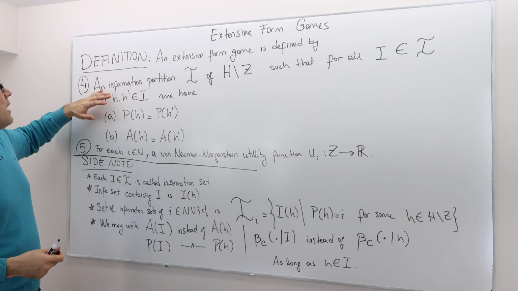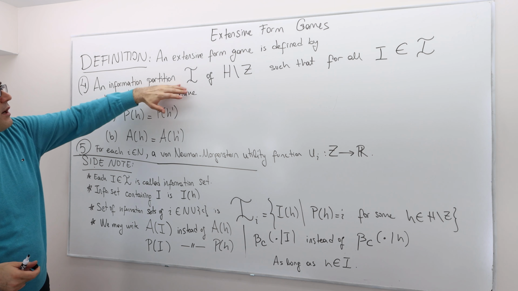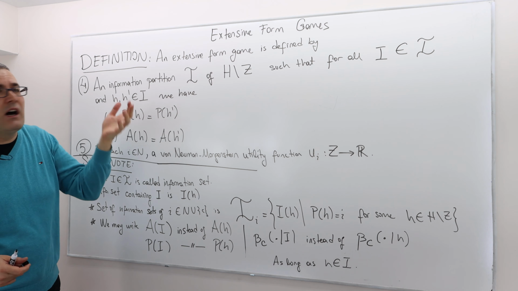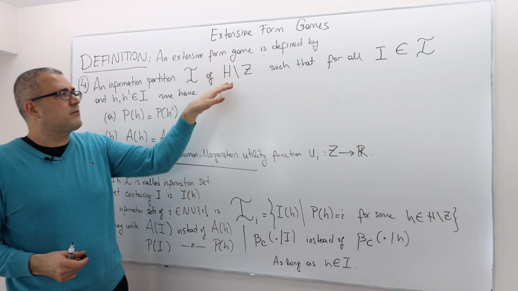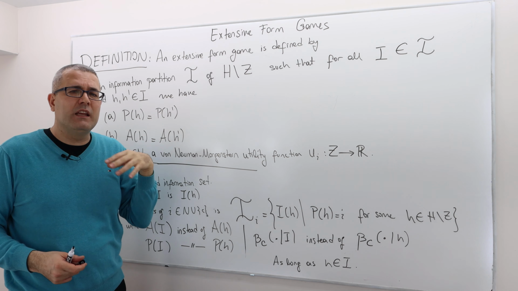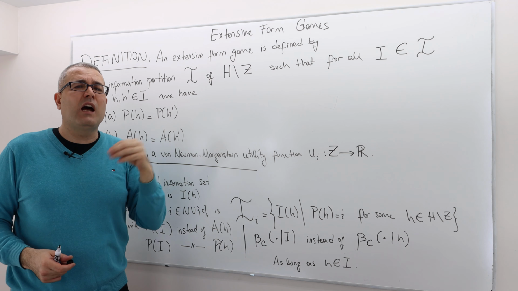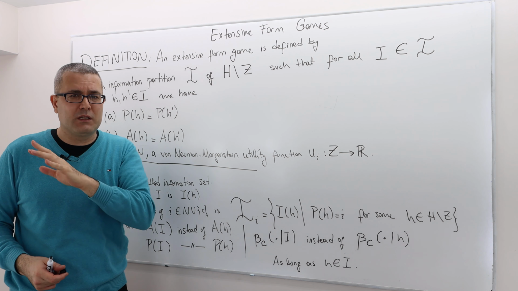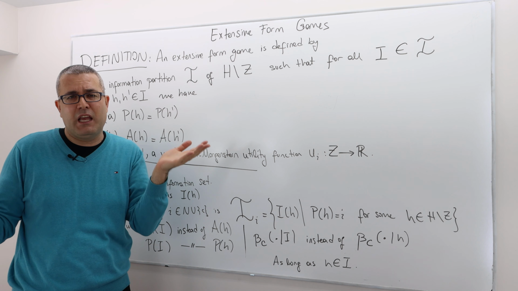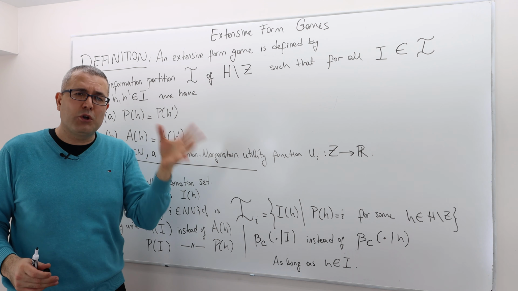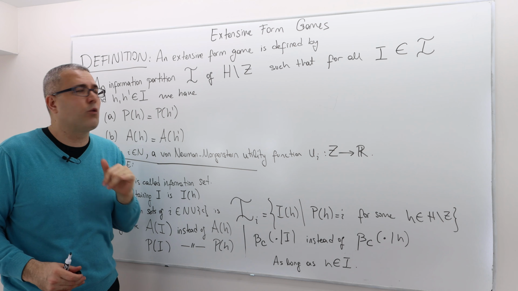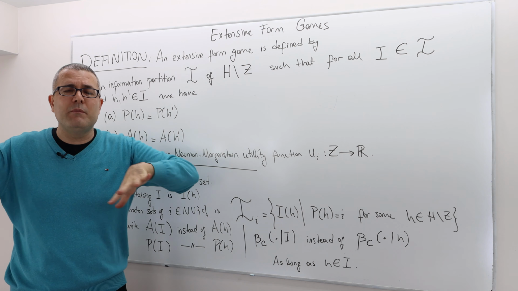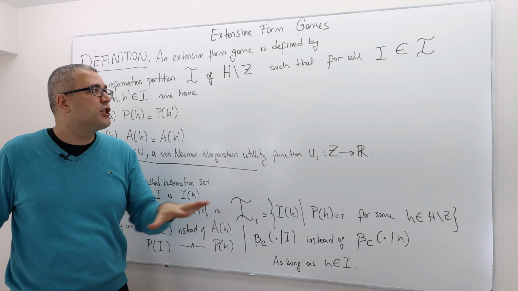So anyway, we talk about the information partition, script I, of H minus Z, meaning the set of all non-terminal histories. We're not worried about terminal histories because terminal histories mean the game is over. But for the non-terminal histories, when the game is not yet over, we divide them into a partition.